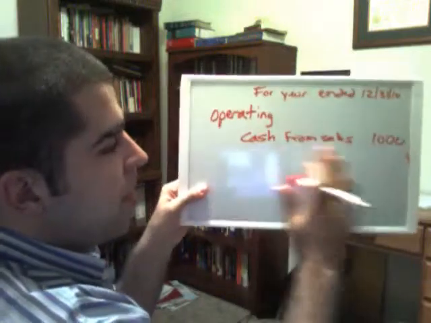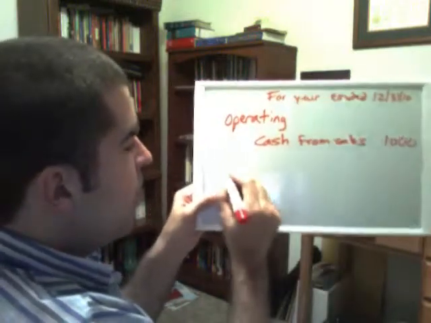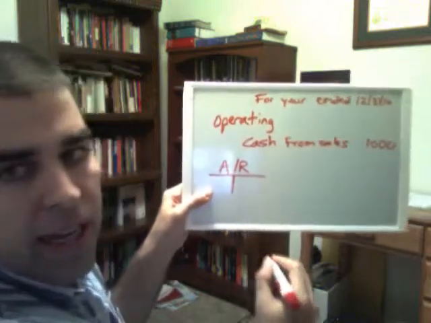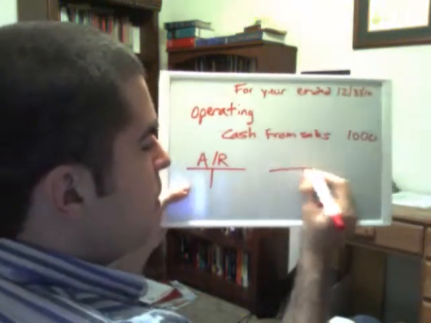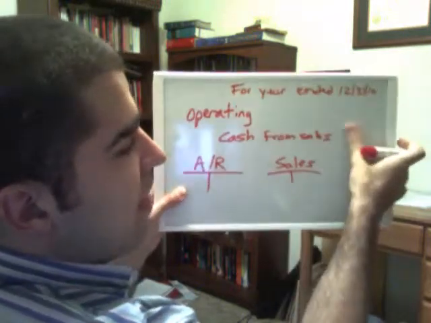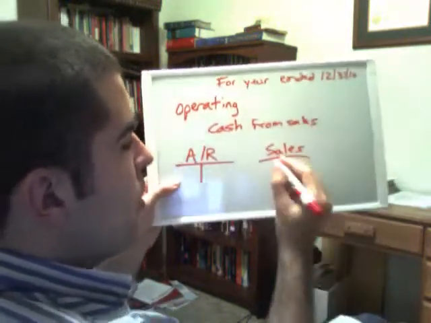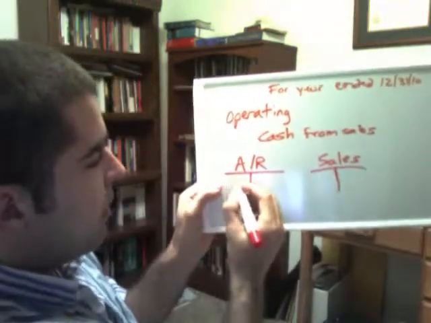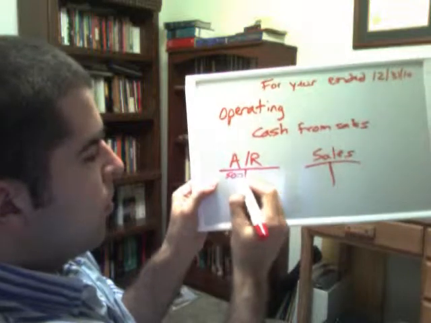We won't do an example of every different type, but we have to run this through our account receivable. Okay, and we'll ignore any allowance account just for the time being to make it simpler. So we'll get to that $1,000 here in just a moment. Okay, so we might have a beginning account receivable balance of $500.